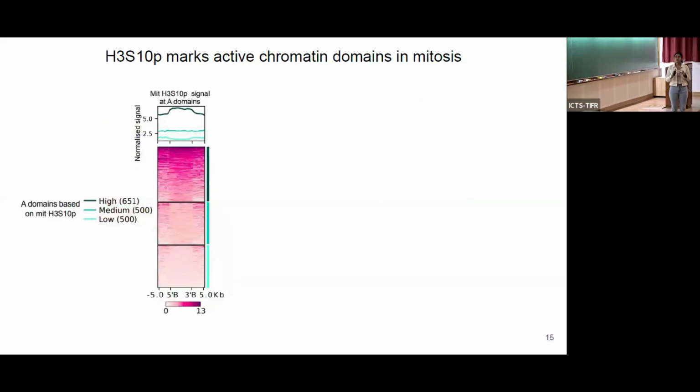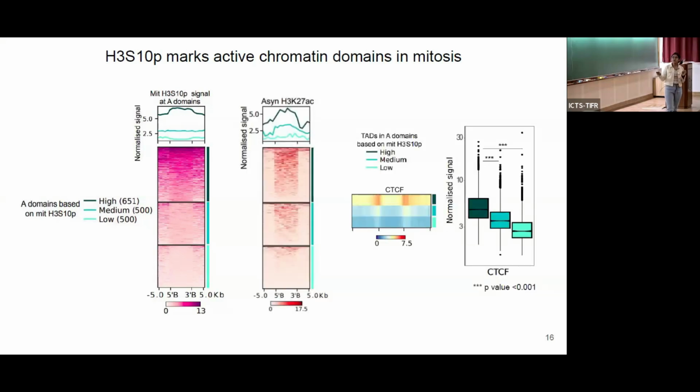But this was about the physical enrichment. What about the activity? It turns out that if you divide these domains, again from interphase, we are dividing all the active domains based on H3S10p enrichment. So you are seeing high H3S10p, medium and low. So there's a grade of H3S10p in these domains. And if you go back and ask from the asynchronous population, which means in interphase, if you take the H3K27 acetylation mark, which is again an active mark, you see the same grade of active mark deposition on these domains.